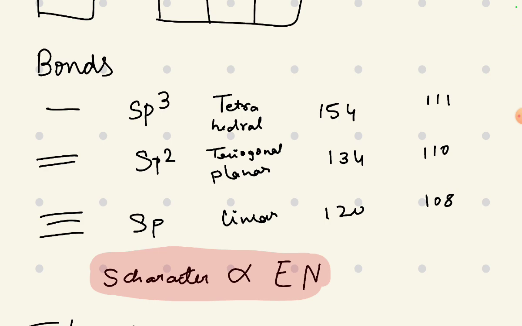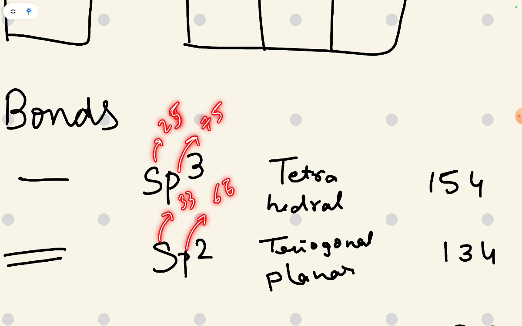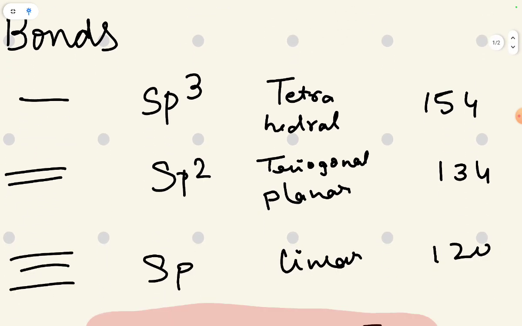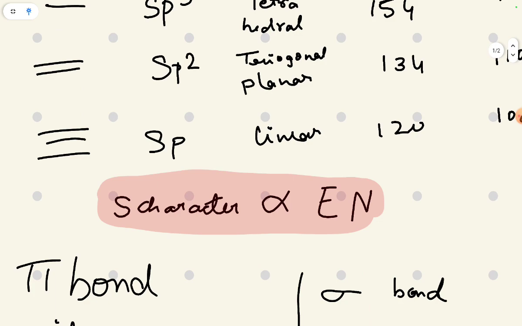Here we have 25% and 75%, here 33.3% and 66.6%, and then here 50 and 50. From this we can say this will be more electronegative. You have to keep this in your mind.